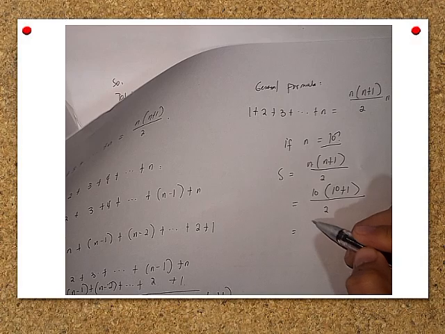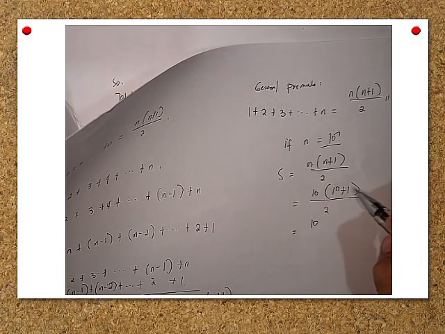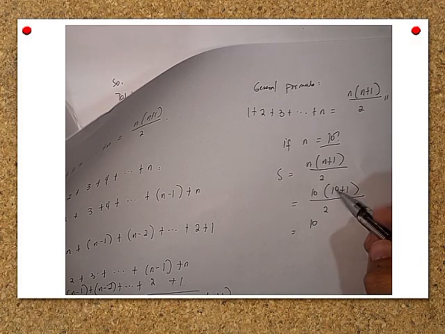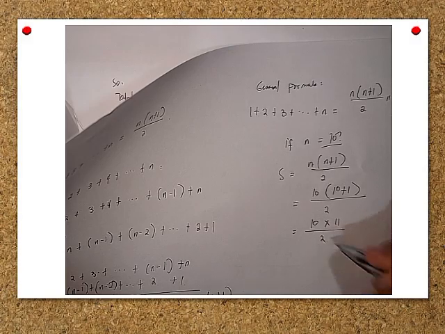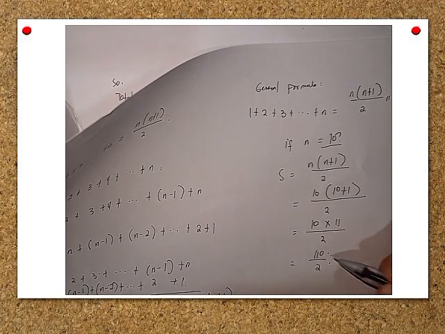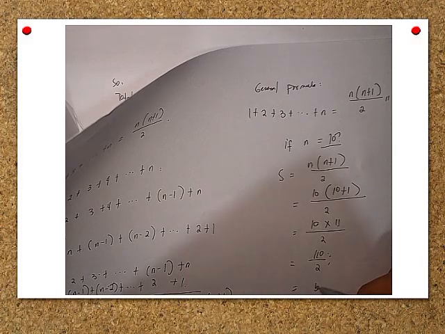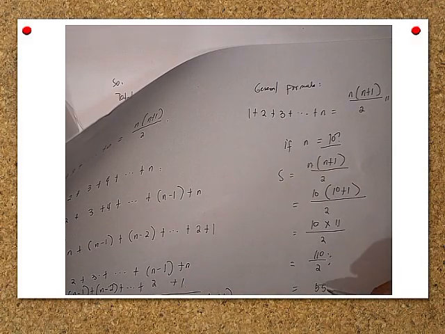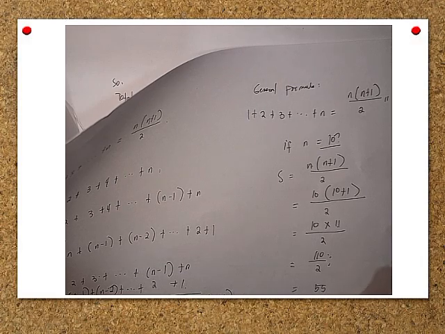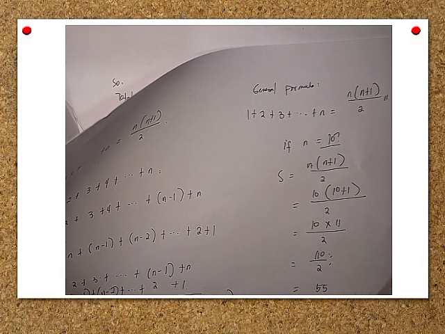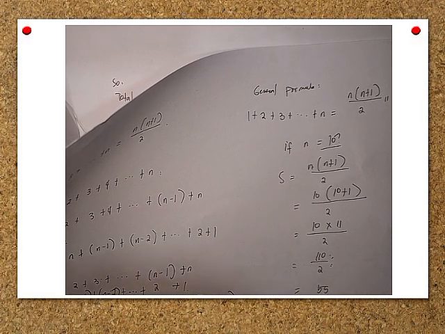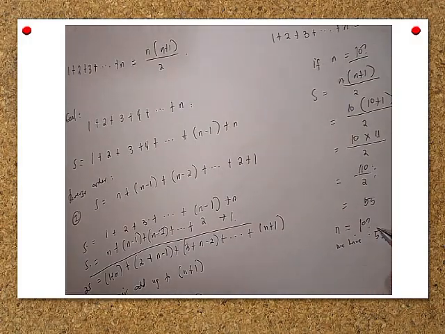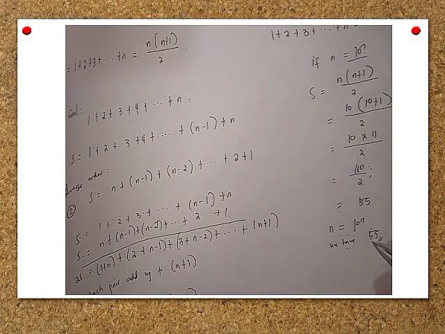Solving the parentheses, we have 10 times 11 over 2. 10 times 11 is 110, and 110 divided by 2 is 55. So if we add the numbers up to n equal to 10, the answer is 55. That's all.